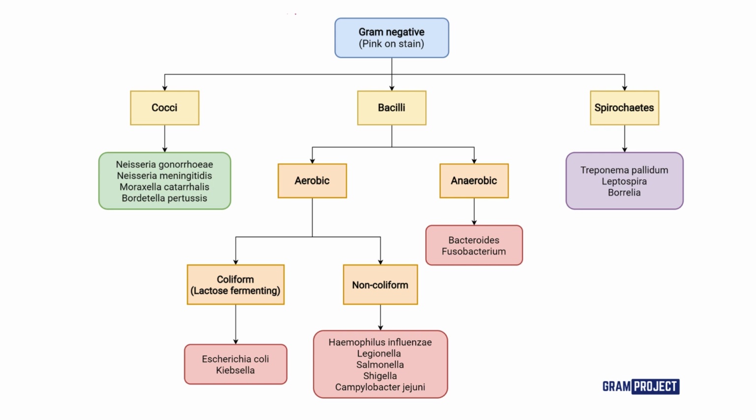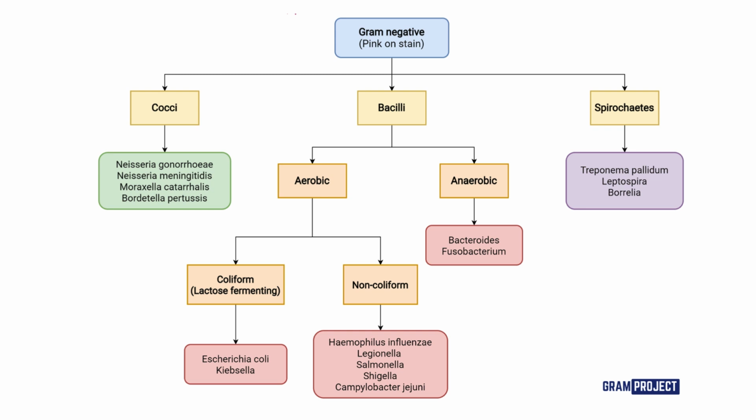Cocci can be Neisseria gonorrhoeae, Neisseria meningitidis, Moraxella catarrhalis, which we have seen already, and Bordetella pertussis, which is causing whooping cough, right? And we have pertussis vaccine also, which is given in combination as DPT vaccine or pentavalent vaccine, which is included in the immunization schedule. Okay, and then we have bacilli, which can be further classified into aerobic and anaerobic.